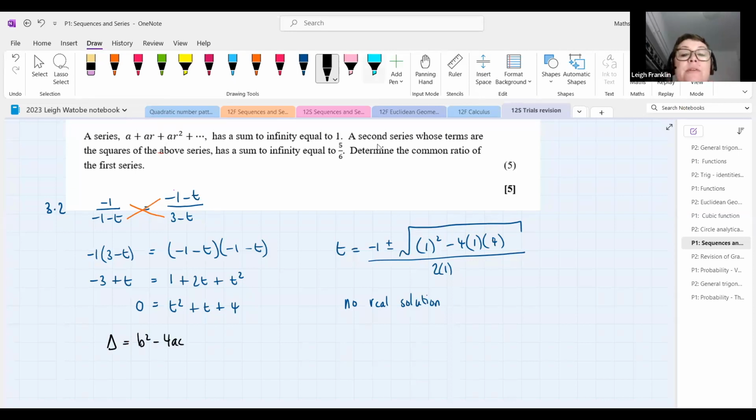the root, doesn't it? Okay, so here we would say delta is equal to, then b would be equal to 1, a is also equal to 1, and in this case, c is equal to 4. So we would end up with 1 minus 16, which would give us -15.